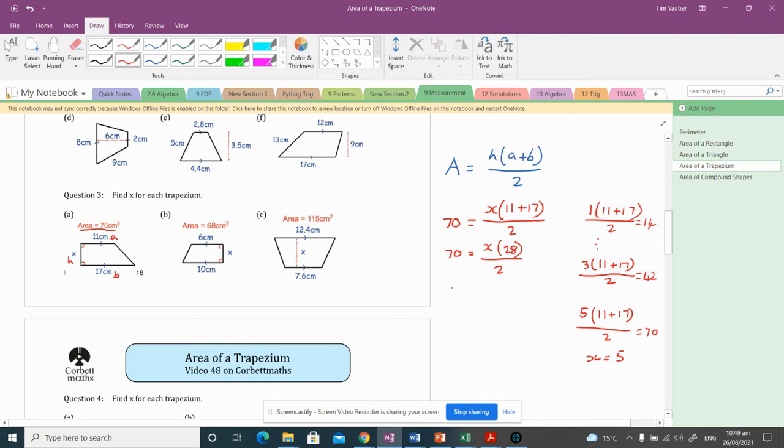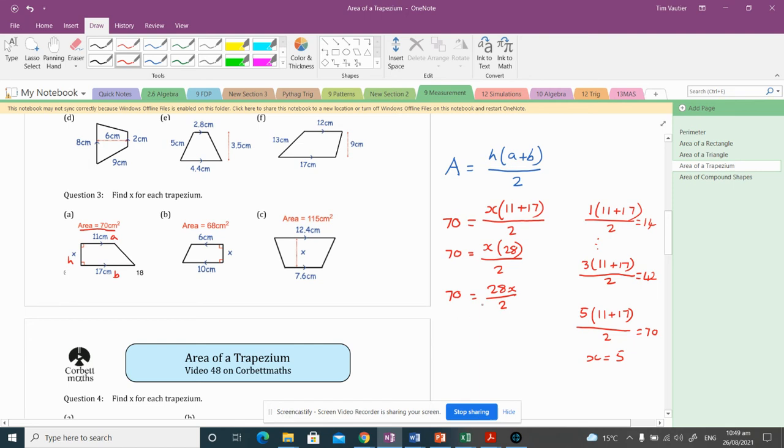Now, when we have a letter multiplying by a number in maths, we would often just write that as 28x, instead of x times 28.